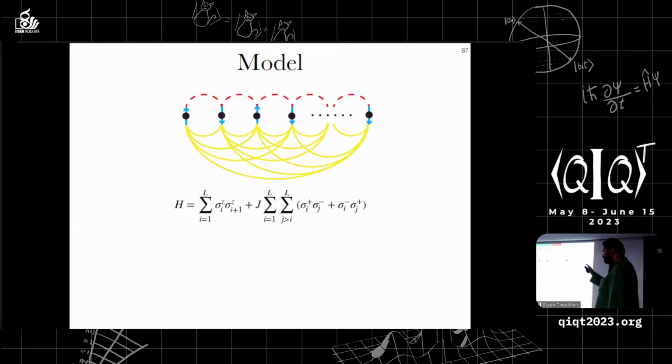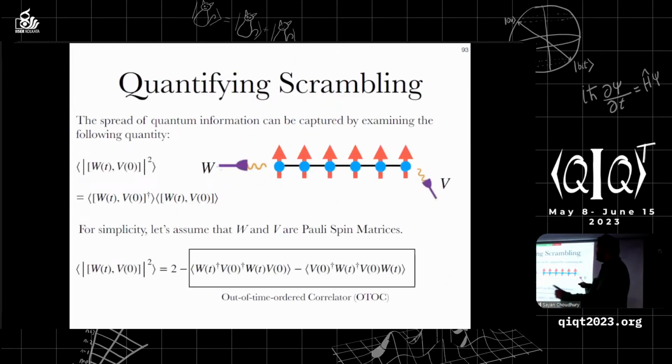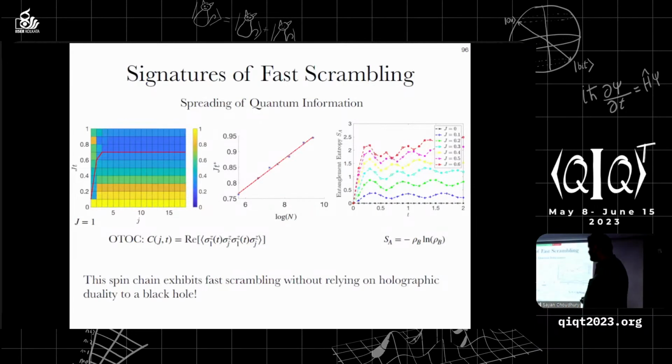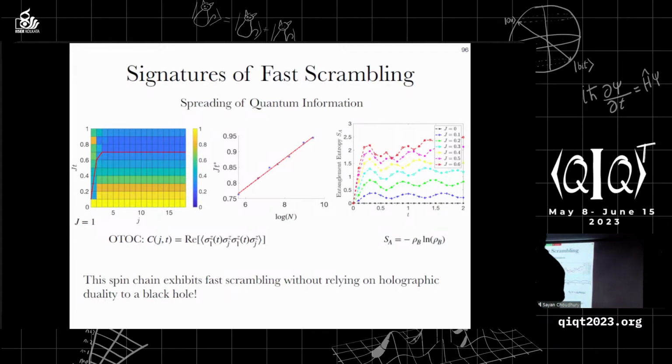I'm going to skip over how one quantifies scrambling, but the end result is that we can show a system where the scrambling time scales logarithmically with the system size, and this just requires two things: all-to-all interactions, and something that will give it chaos.